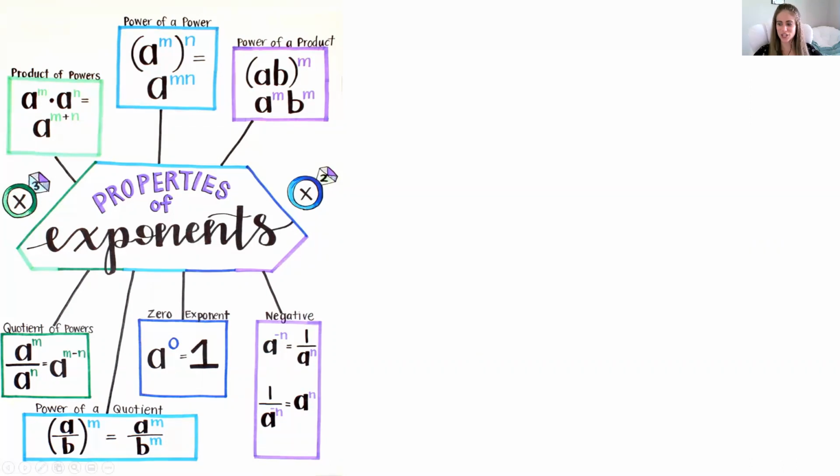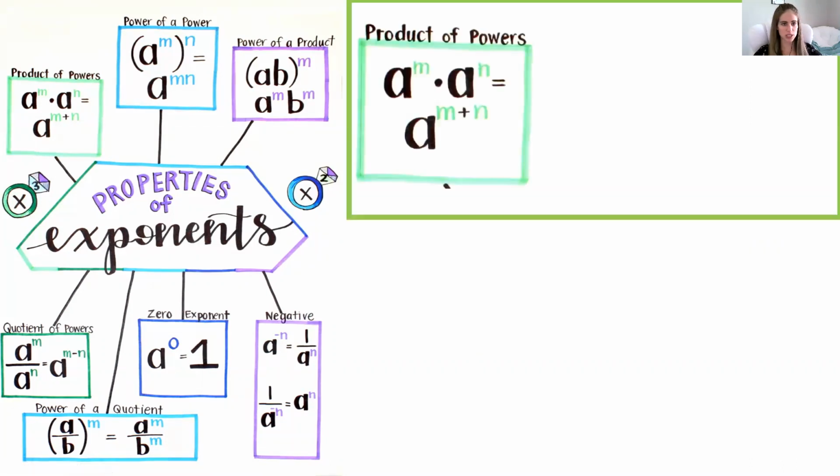All right, let's go ahead and zoom in on our first property, which is the product of powers, so multiplication property. When dealing with exponents, if we are asked to simplify them, this property is going to come into play.